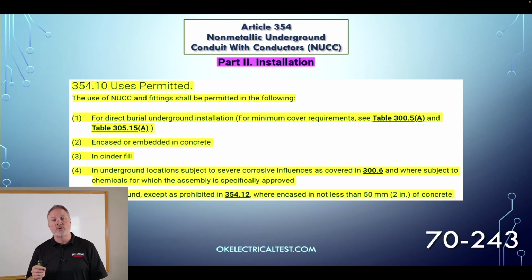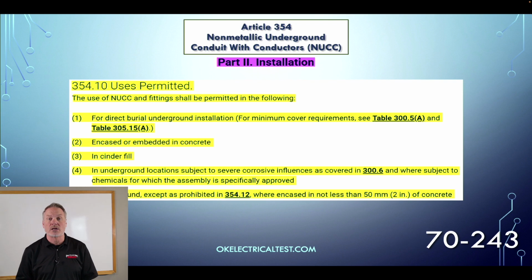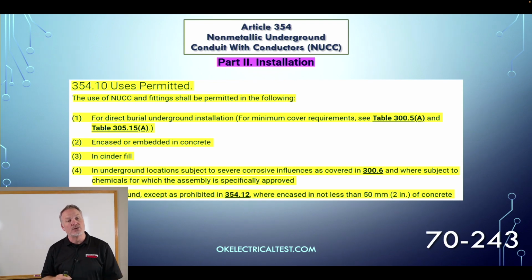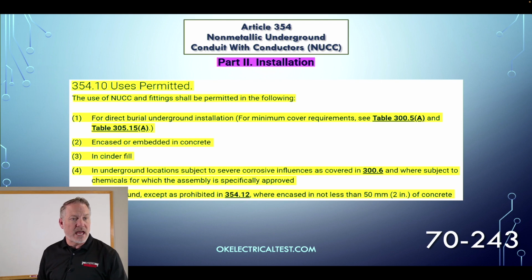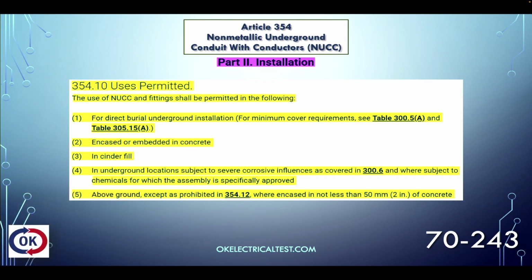Let's go to 354.10. Now, if we notice here, 354, we transitioned into a new article. This is nonmetallic underground conduit with conductors, or type NUCC. We're going to go down to dot 10, use is permitted. It says the use of NUCC and fittings shall be permitted in the following. Number one, for direct burial. Number two, encased or embedded in concrete. Number three, in cinder fill. Number four, in underground locations subject to severe corrosive conditions or influences as covered by 300.6.